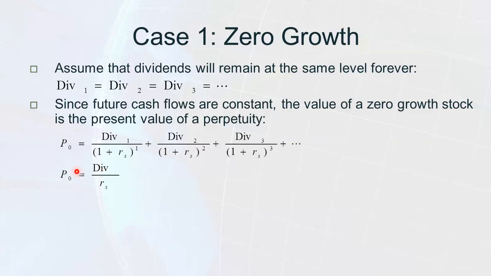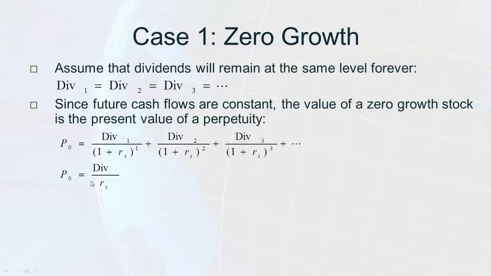Let's just remember this one: the price of common stock is the dividend divided by the discount rate if it's a constant, if it is a zero growth model or no growth model.